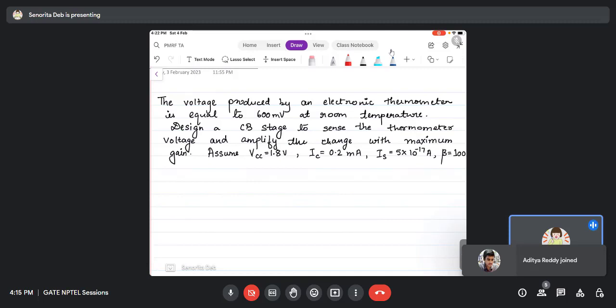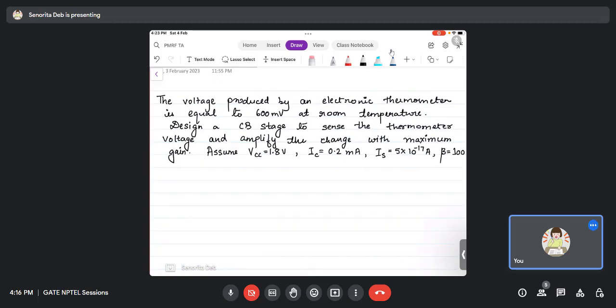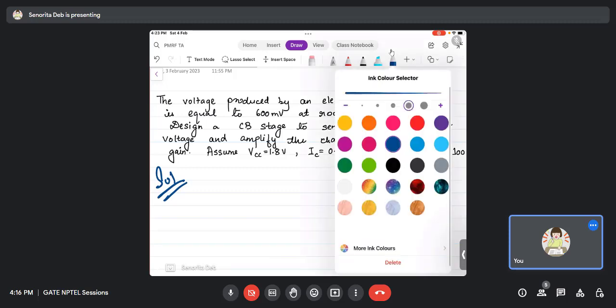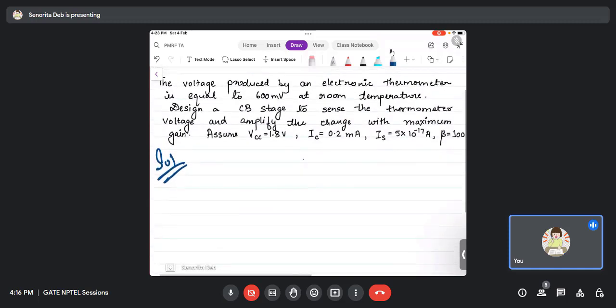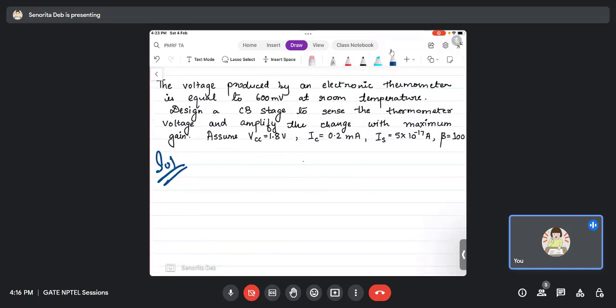Assume VCC equals 1.8 volts, IC equals 0.2 milliampere, and IS equals 5 into 10 to the power minus 17 ampere. Beta is 100. So this is a design problem of common base stage. Please note this question down. I'm giving you 2 minutes for this.